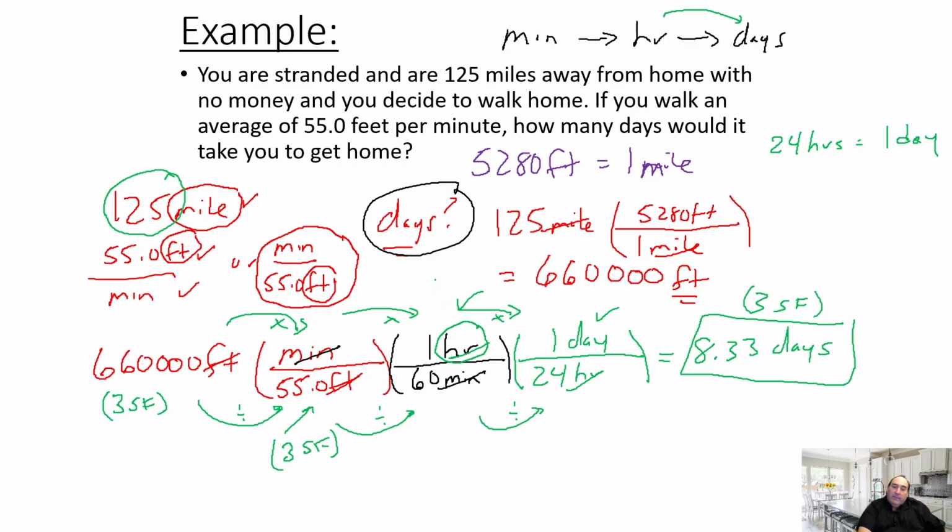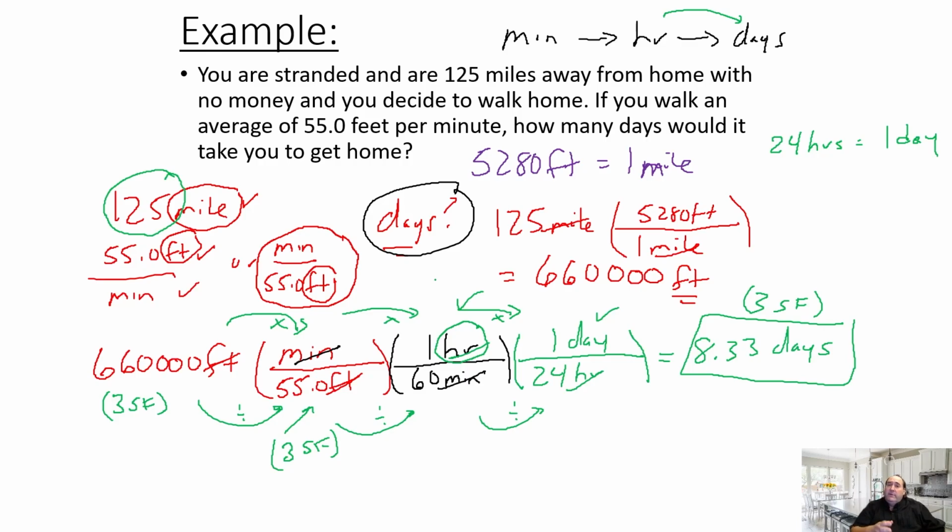Now, a couple of things about doing these separate problems. Here I did it all in one calculation, and I did some of the other ones that way as well. You don't necessarily have to do that. You could do the first conversion, 660,000 divided by 55, get an answer, then take that answer and divide by 60, get an answer, and do the last one divided by 24.